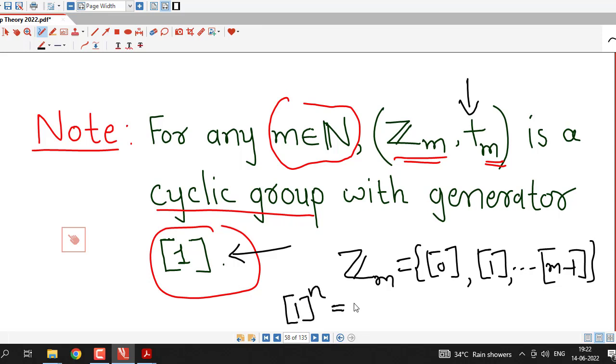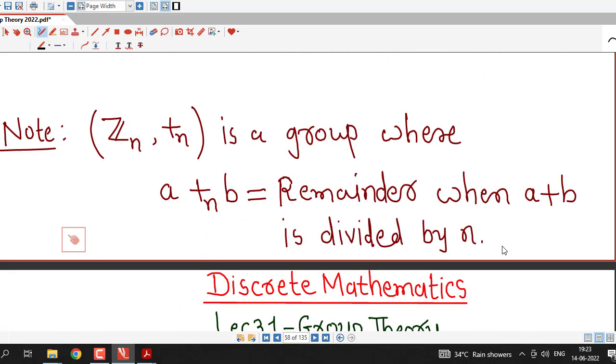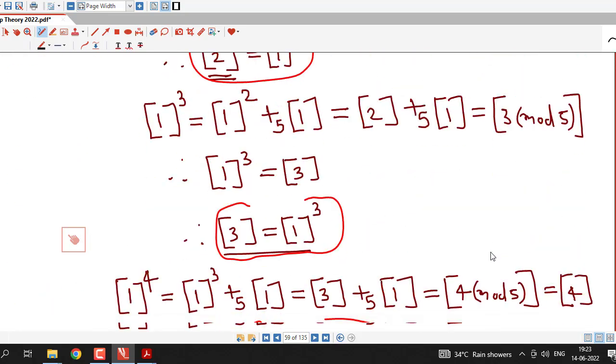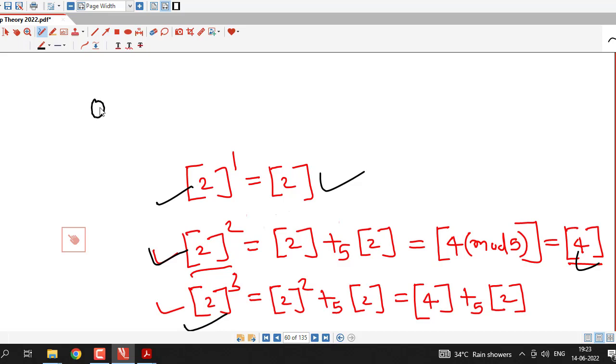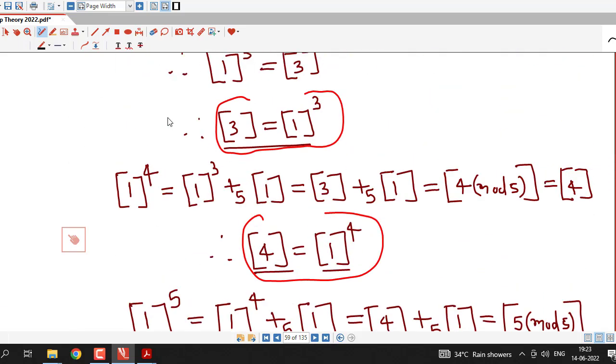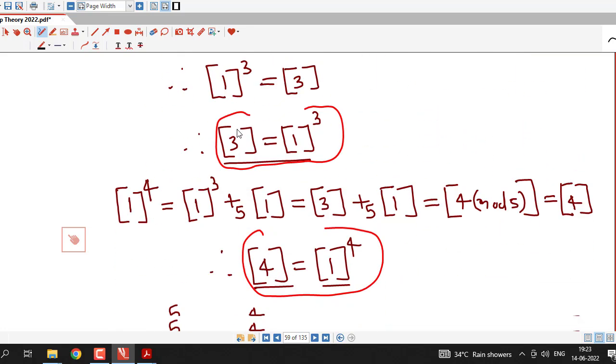We can always express every element of this group as a power of n for some integer n. Therefore I started by taking different powers of 1, and we observe that 2 is also working as a generator. So you can write for 2 also. You should show the existence of at least one generator.